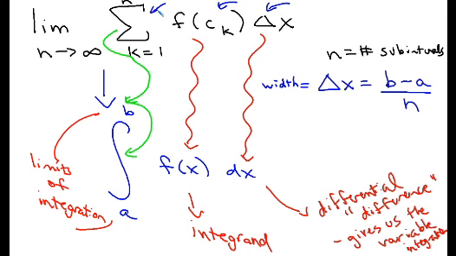Now, what you notice is this new piece right here, this limit piece. When Sir Isaac Newton was developing the calculus, he decided that we were going to let the number of rectangles go to infinity. And if you let the number of rectangles go to infinity, then it is technically a true integral.